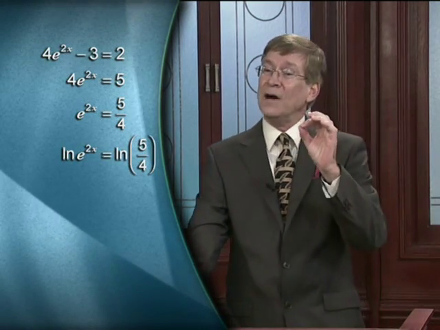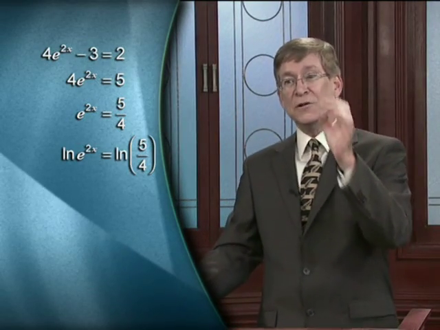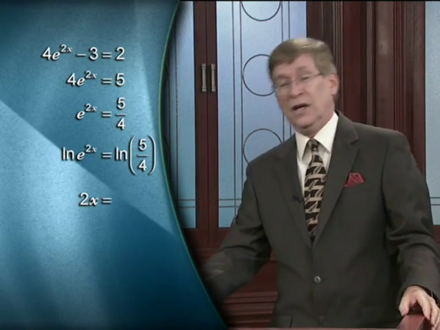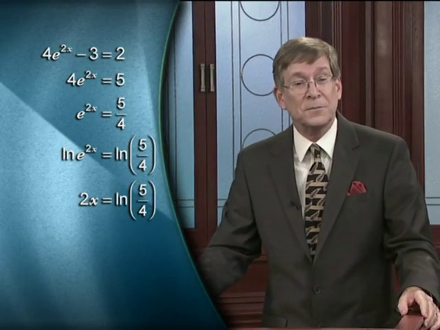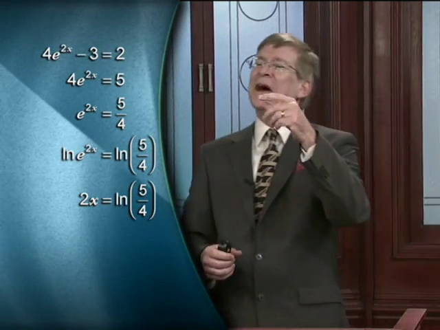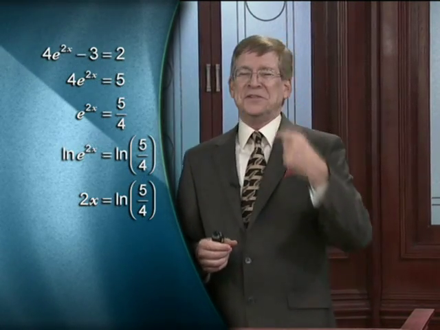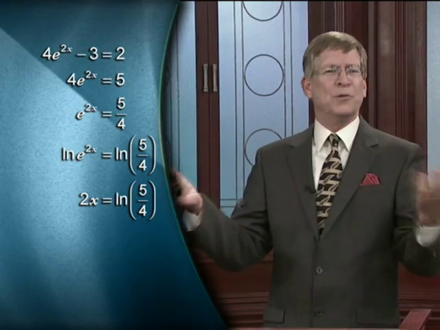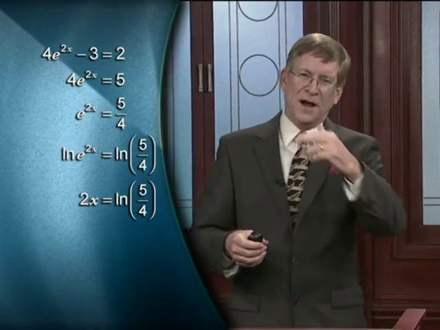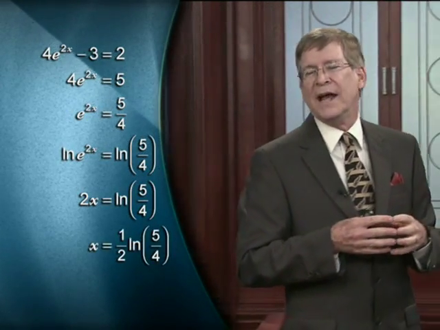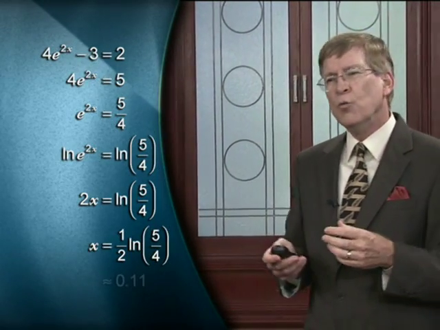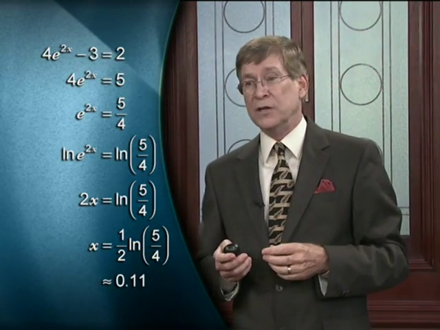And then I say the following, log e to the 2x, those are inverses of each other, and the left-hand side is just 2x, and the right-hand side is still log of 5/4. But again, some of you might have jumped and didn't have to take logs of both sides. Both are correct. And finally divide by 2, and we have x equal 1/2 log of 5/4, which is approximately 0.11.